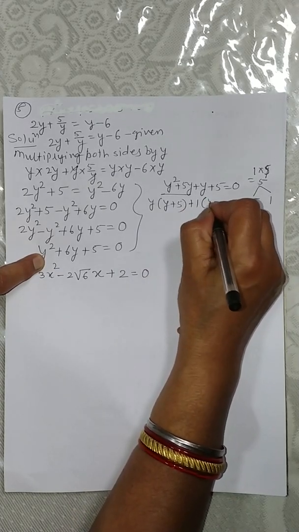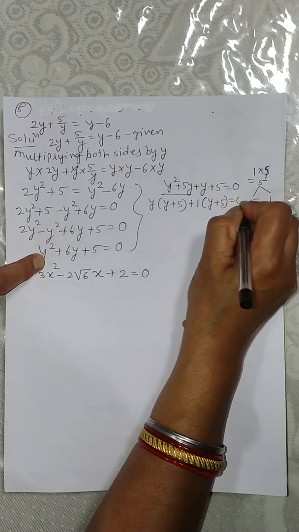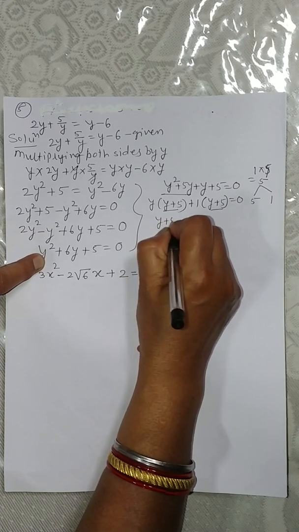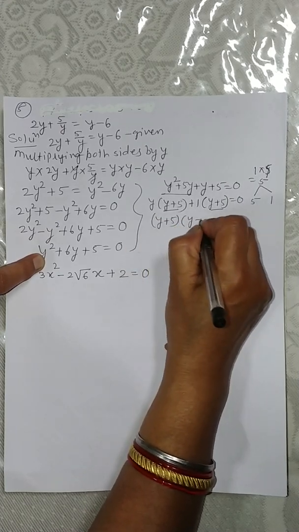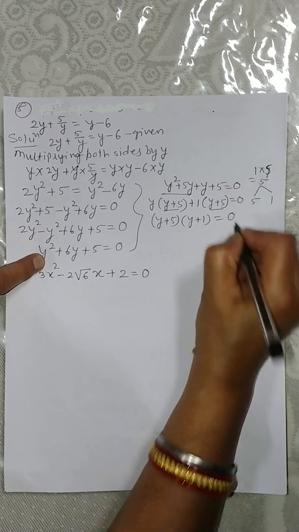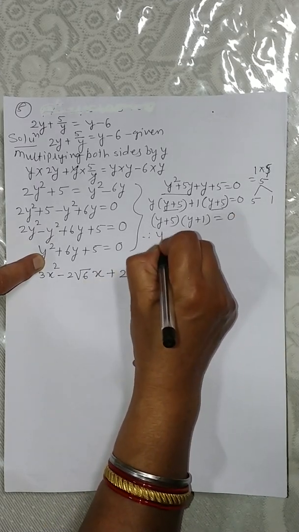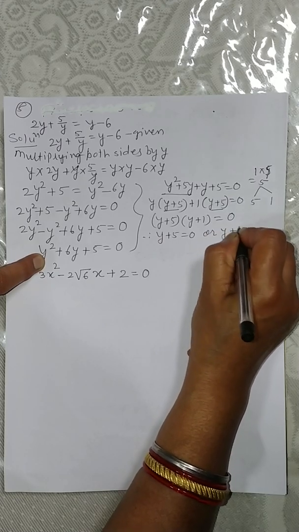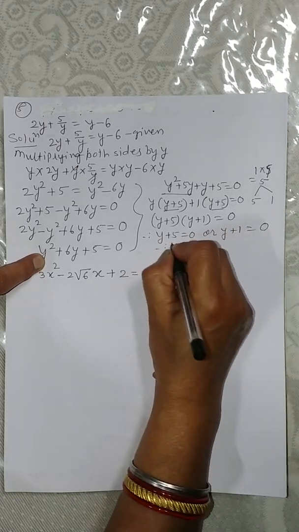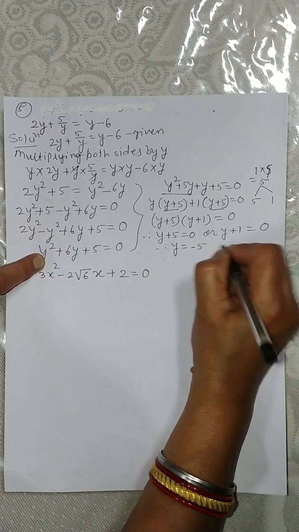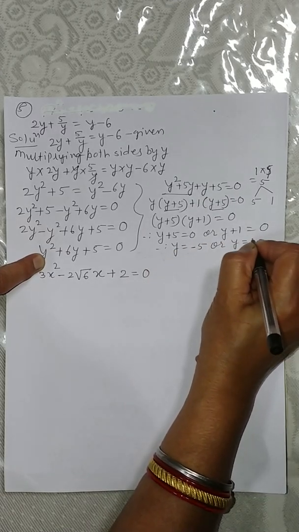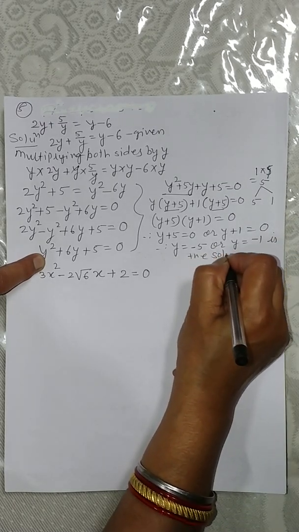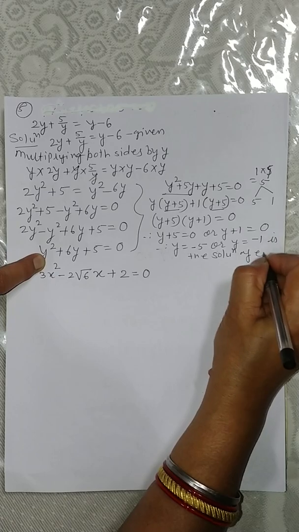So plus 1, y plus 5 equal to 0, and therefore we have y plus 5 into y plus 1 equal to 0, and therefore y plus 5 equal to 0 or y plus 1 equal to 0, and therefore y is equal to minus 5 or y is equal to minus 1 is the solution of the equation.